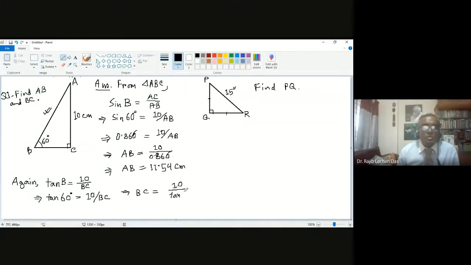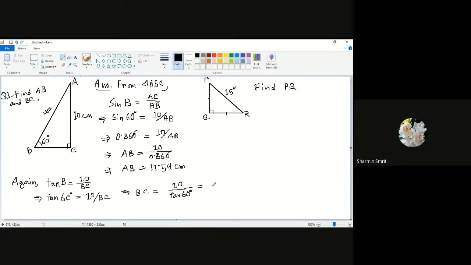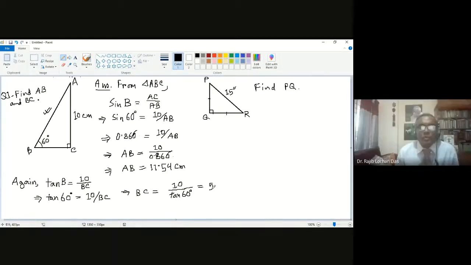So you put the tan 60 value and divide 10 by that, so the answer will come. Okay, so what is the answer? Sir, 5.773. Okay, so 5.77 centimeter. So that will be the BC side. And that's it. This is the question.